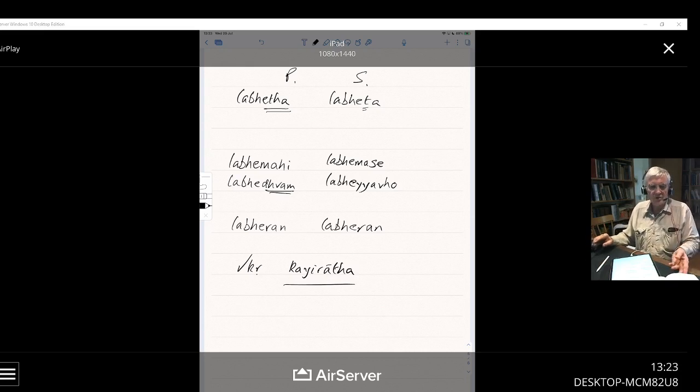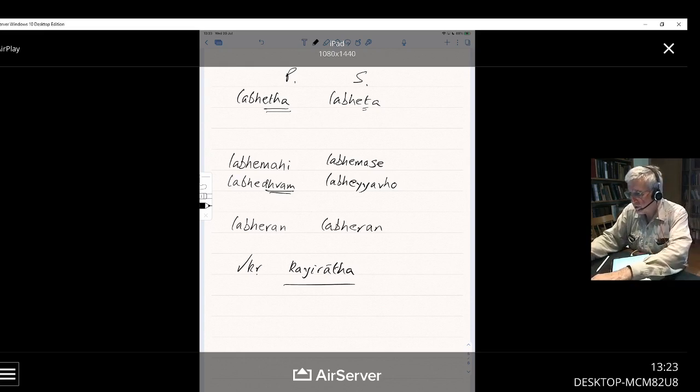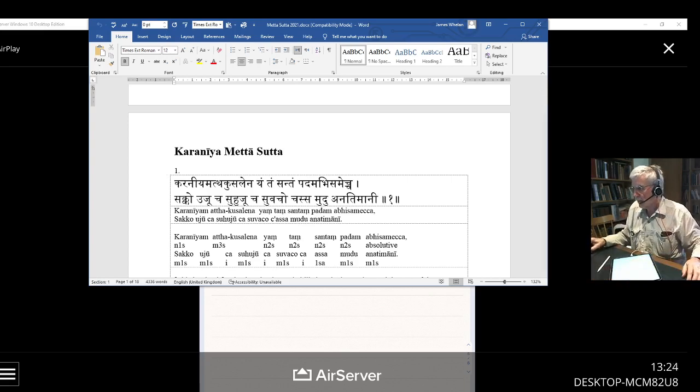What I'm now going to do is to call up the editions I did for you of the Karaniya Metta Sutta a while ago. It's up on the study resources sheet. Let me pause for a moment. Here we are.